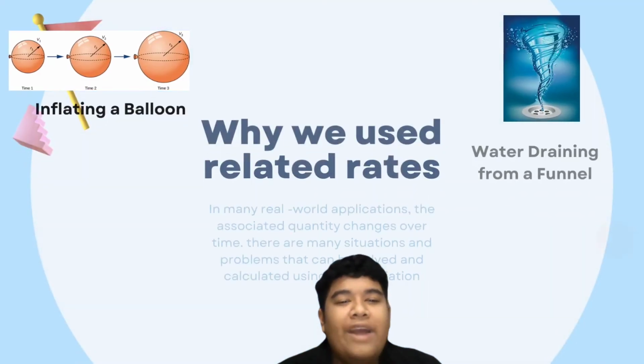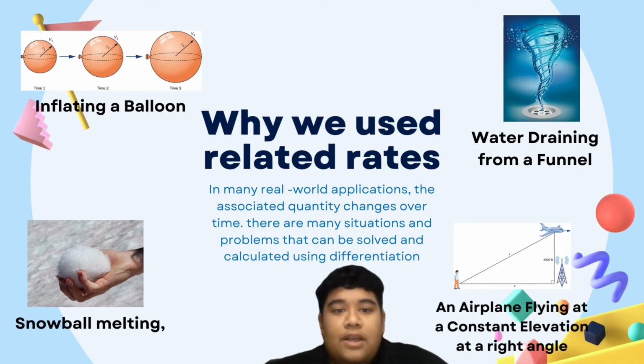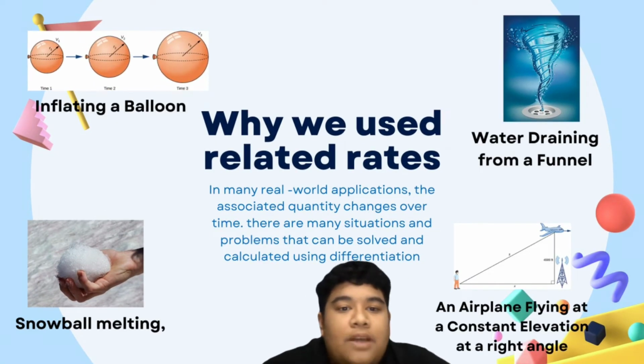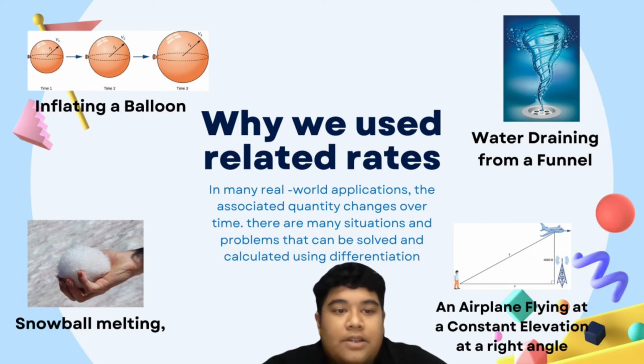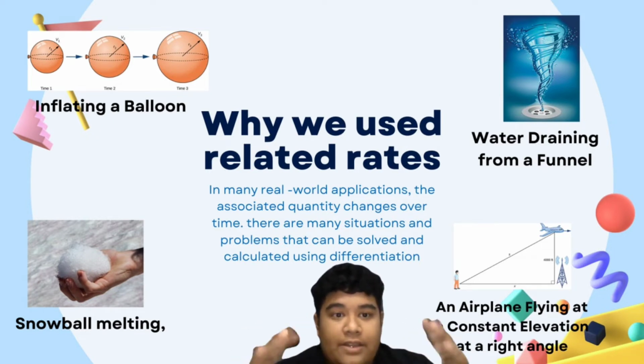So why do we use related rates? In many real-world applications, the associated quantity changes over time. There are many situations and problems that can be solved and calculated using differentiation. For example, inflating a balloon, like I just said, because there's a rate of change of the air inside the balloon.